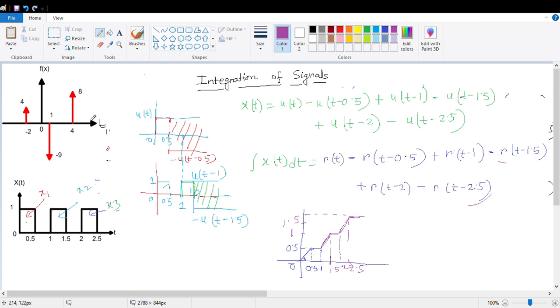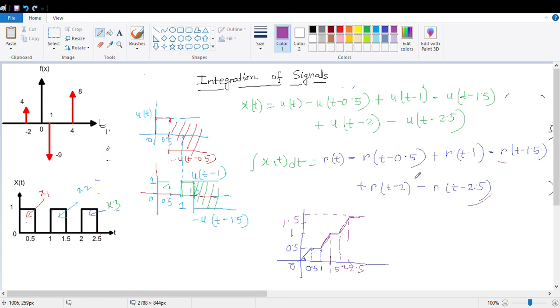Now here I have shown you how we can integrate a signal by writing the equation. But it will take a long time. If it is asked that you first write the expression, then get the integration and draw the result, this is very important for your concept. So I have done it in this way.